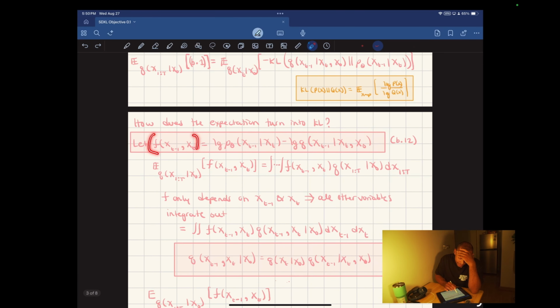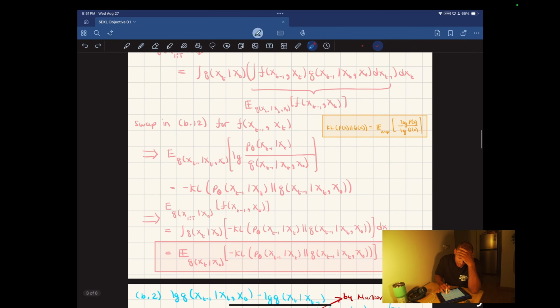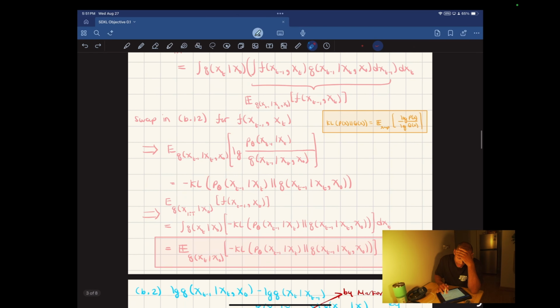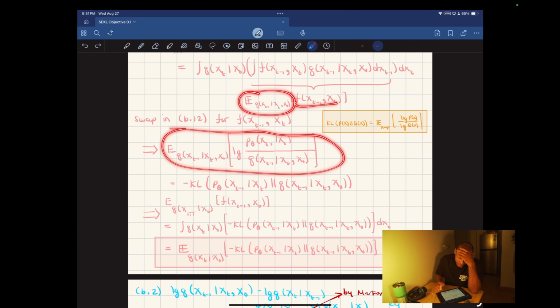What is f? It's log of p theta divided by q. It's log of this minus log of this, which is just division. So we just swap out f with its original definition, and we get the expectation of f, which is this right here.